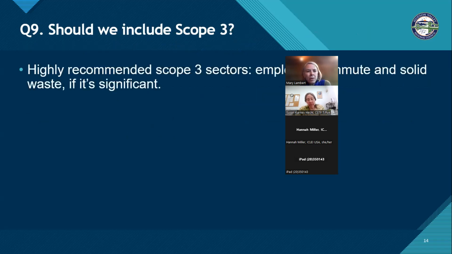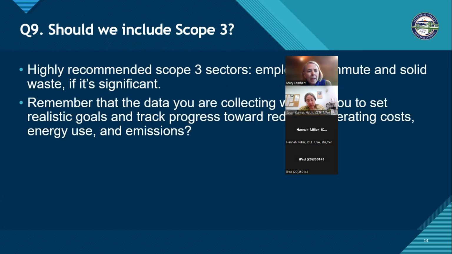So should we include scope 3? I think people are kind of on the fence on this point in some cases. We've said many times already, it's highly recommended that you include employee commute and solid waste, especially if it's significant. In many cases, the solid waste is not, so in that case it's not as highly recommended.